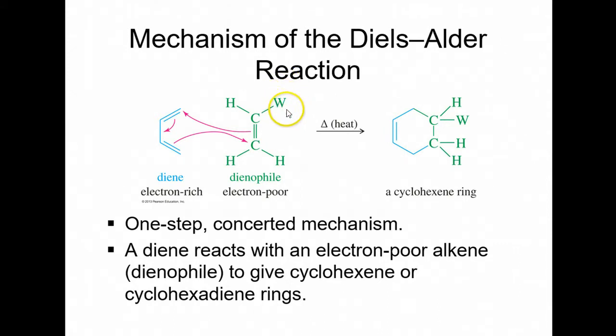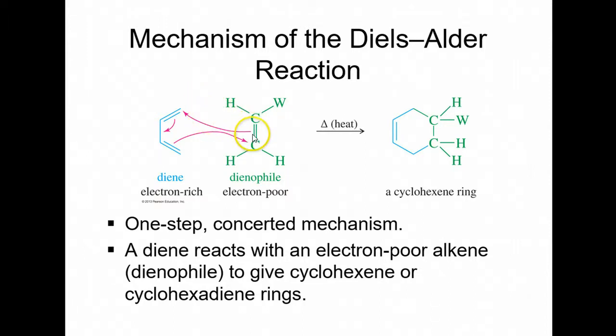Having something electronegative here, or another pi bond, an oxygen, a halogen, some sort of group, will withdraw electrons away from this pi bond, making these carbons much more partial positive, so these electrons can actually share. It's what's called the concerted mechanism. It's a one-step reaction.